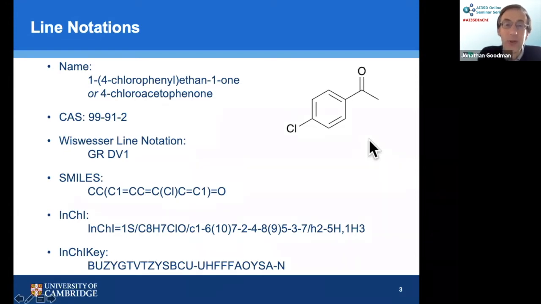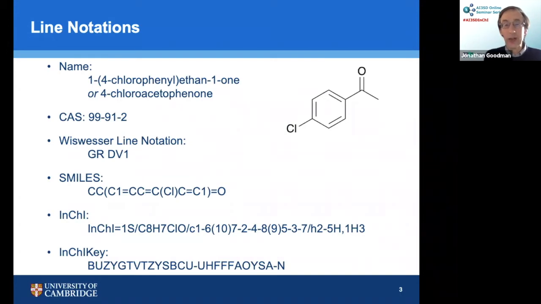Now, you might need computers to help you to do the conversion, but the computer programs which do this are publicly available. This is all fairly straightforward. InChI strings can be extremely long. There is also something called an InChI key, and I'll explain this in more detail later, which is a way of packing an InChI into a fixed string length, which might make it easier to do some searching.